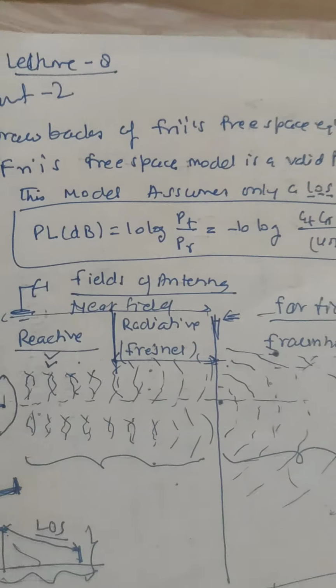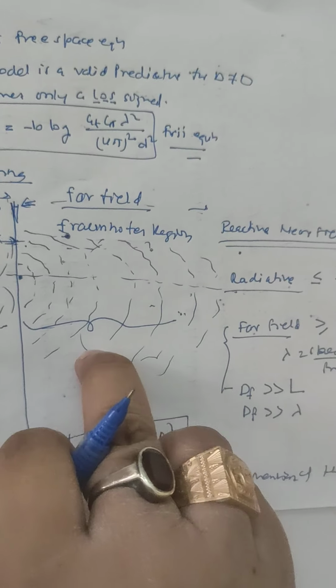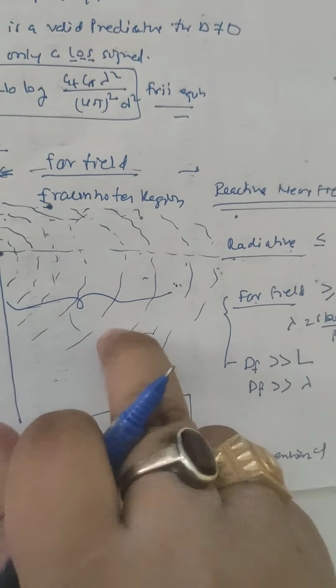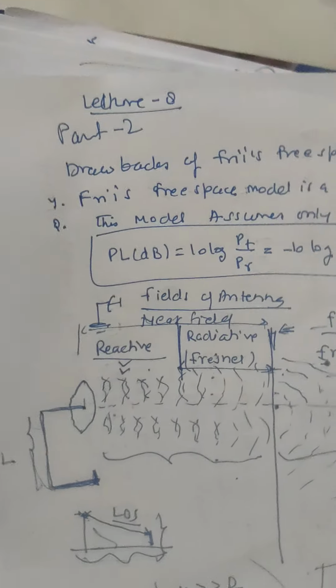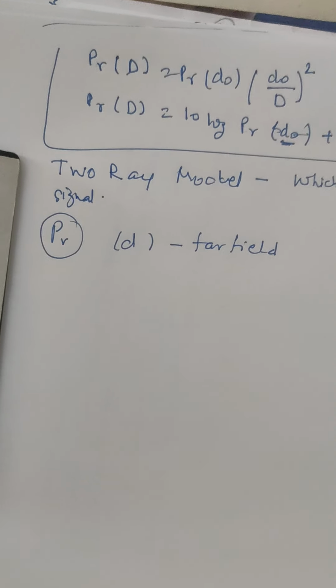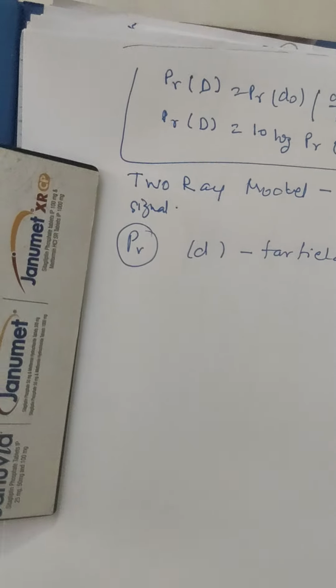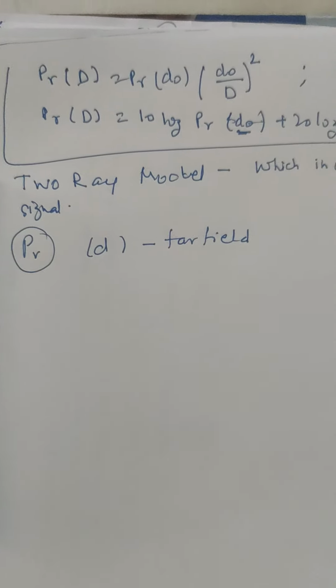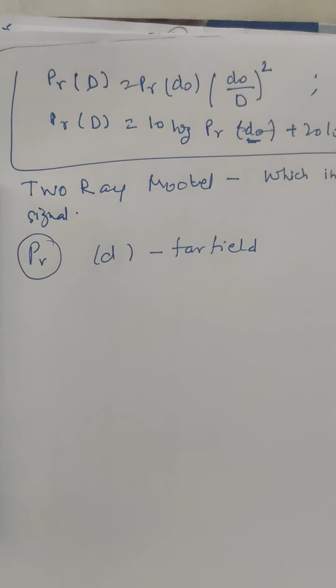In addition, in the far field, d_f must be much greater than the largest dimension, and the distance between transmitter and receiver must also be much greater than the wavelength.